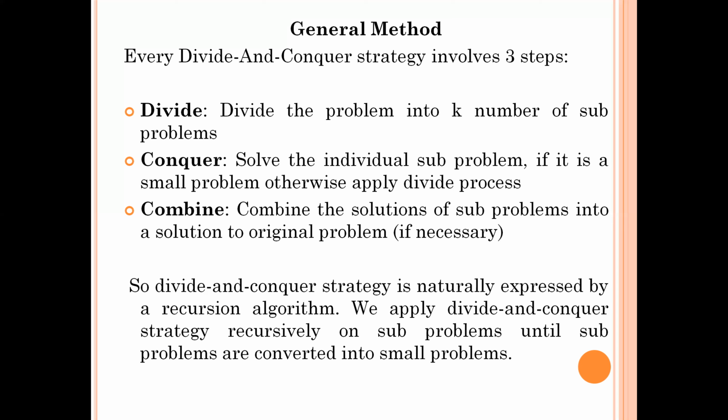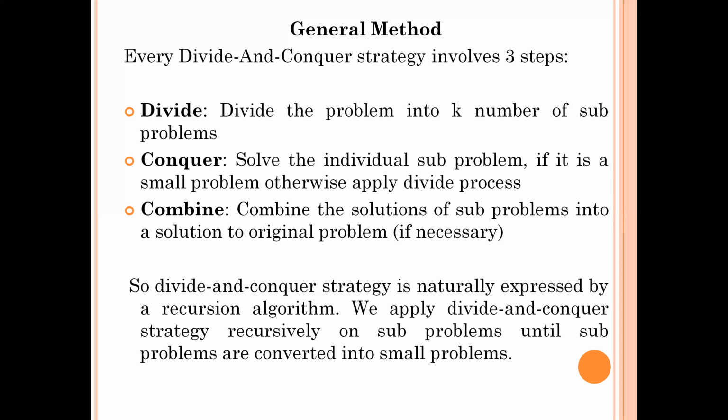Mainly it involves three steps. One is called divide, another is called conquer, and another is called combine. What is meant by divide is, first of all, you will check whether the problem is big or small.